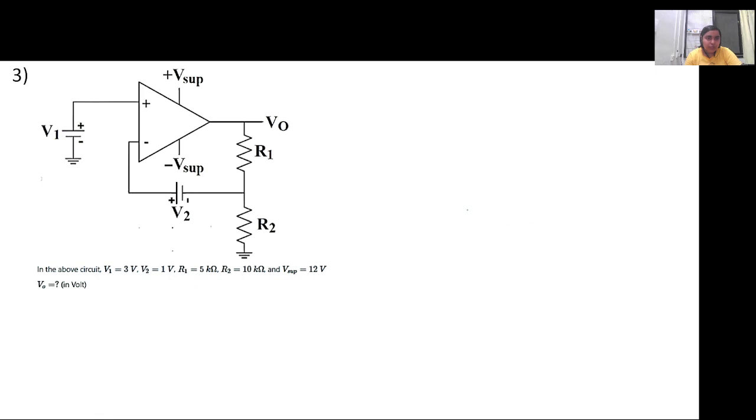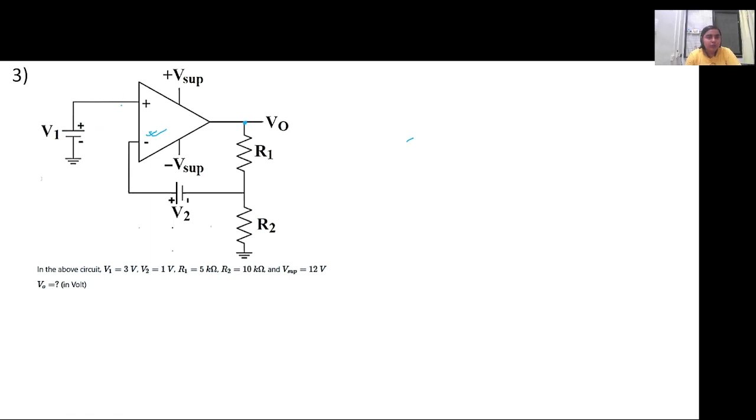Since I have shown two problems based on the ideal OPAMP, can you intuitively tell what we will do for this case? Again a feedback loop from V naught is connected to the inverting terminal, and the non-inverting terminal is connected to a voltage V1.